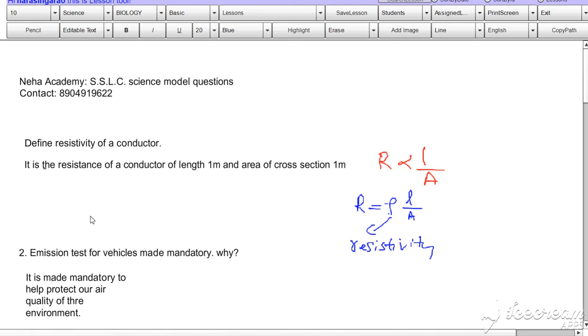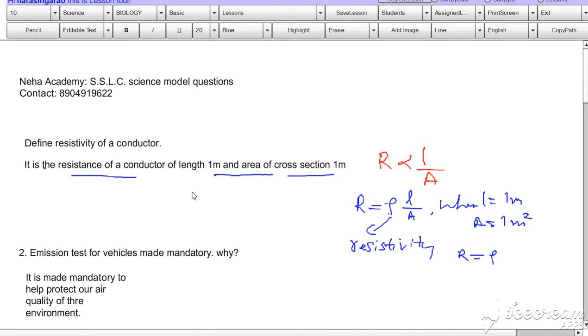You don't have to go for all these equations, it's not given for you in the syllabus, but you have to know that when L is equal to 1 meter and A is equal to 1 square meter, then R becomes rho. So we can say resistivity is the resistance of a conductor of length 1 meter and area of cross section 1 square meter.